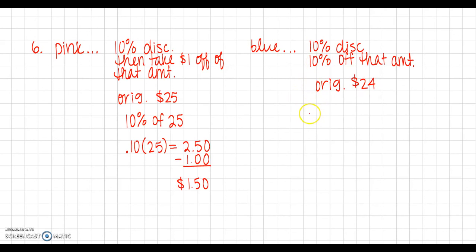So we're going to do the same thing. 10% of that $24, we're going to do 0.10 times 24, which is $2.40. And then we're going to do 10% off of that $2.40, because it says take 10% off that amount. So 0.10 times 2.40 is 0.24.